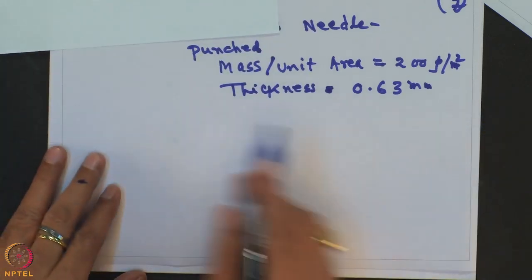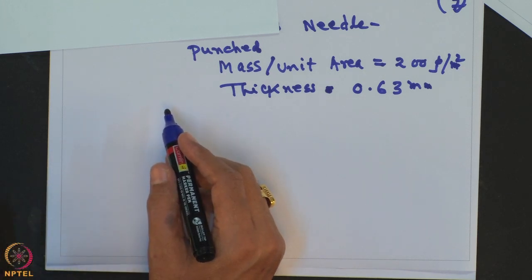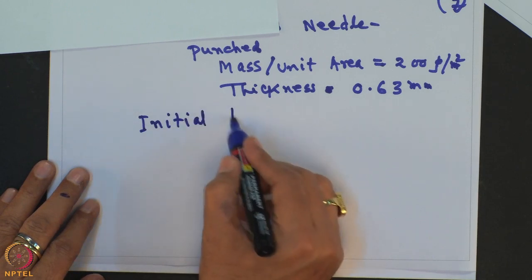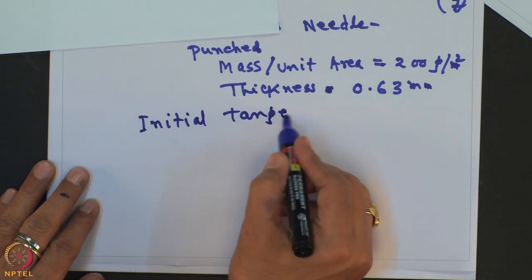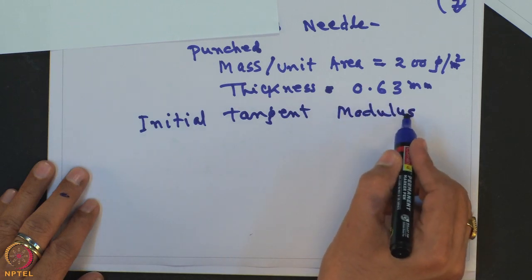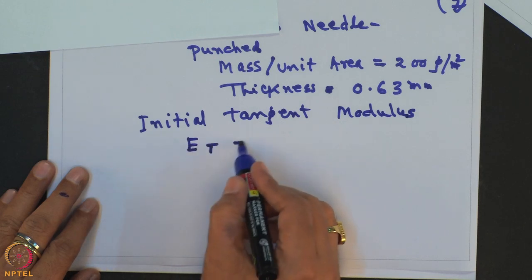So, first of all, what should be the initial tangent modulus. So, initial tangent modulus that is designated as E of t.